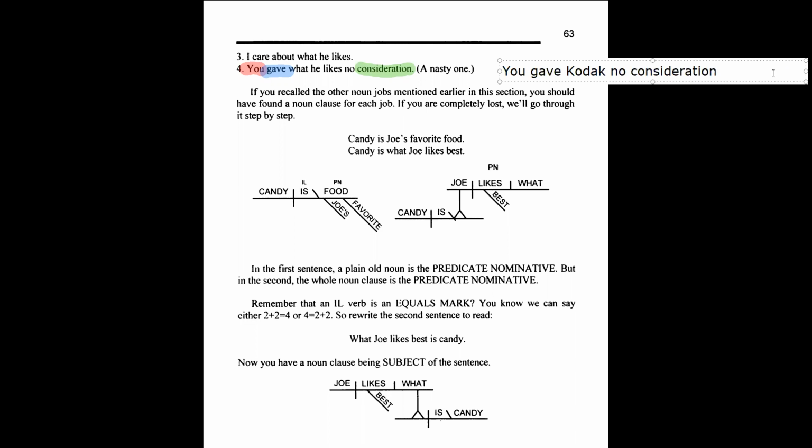Indirect object. So in this one, what he likes is an indirect object. That's fine because it's a noun job. Okay, so work with these and diagram them. Answers in the back of the book to double check. But make sure you recognize any noun job, you can put a noun clause and you'll be fine. And then diagram with the little hangmans.